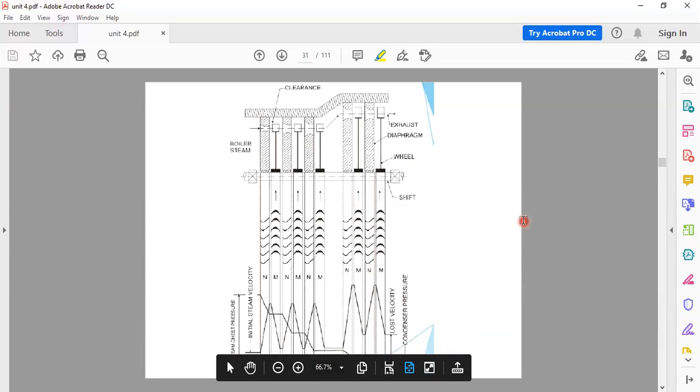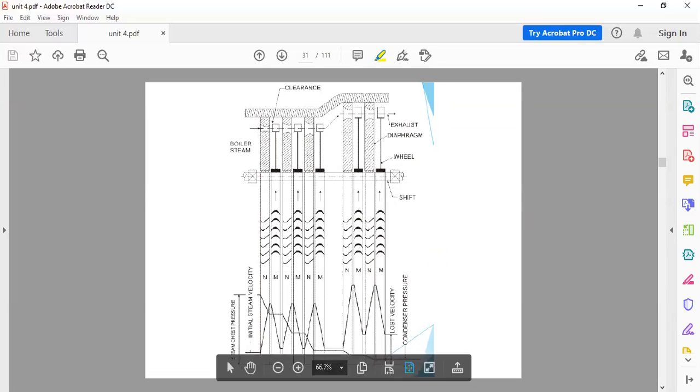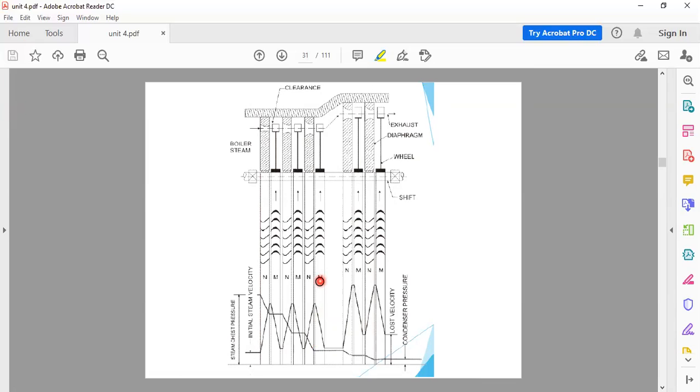In the nozzle, pressure energy drops and kinetic energy increases. In the moving blade, kinetic energy decreases and pressure is constant. Again the nozzle increases kinetic energy and pressure drops, and the moving blade decreases kinetic energy with pressure constant. In this way, we have continuously controlled all parameters.